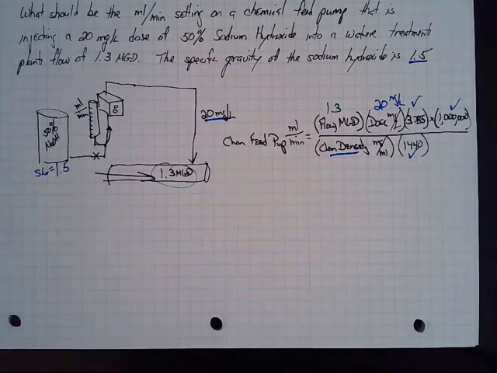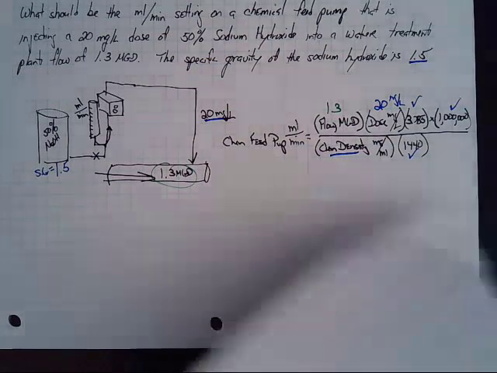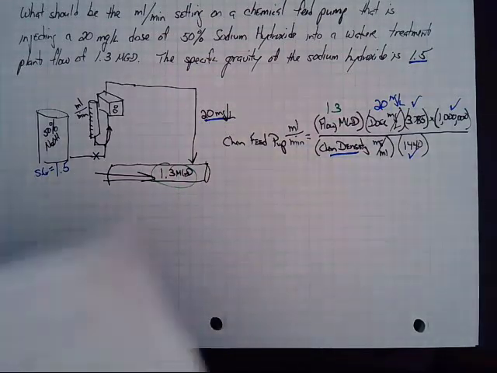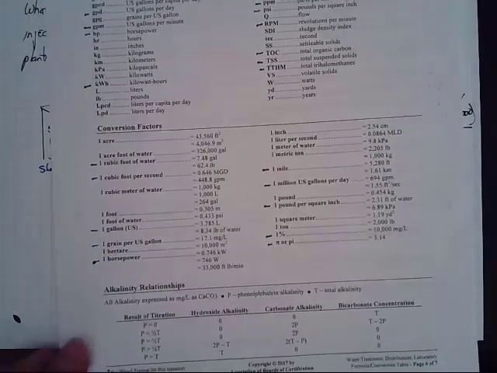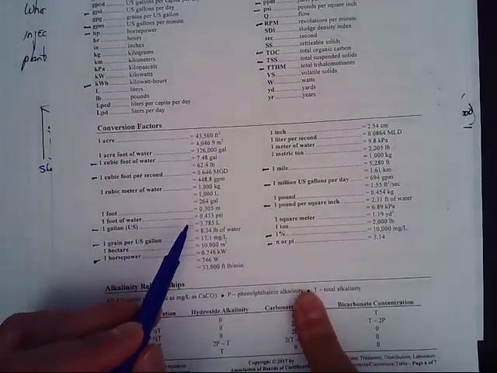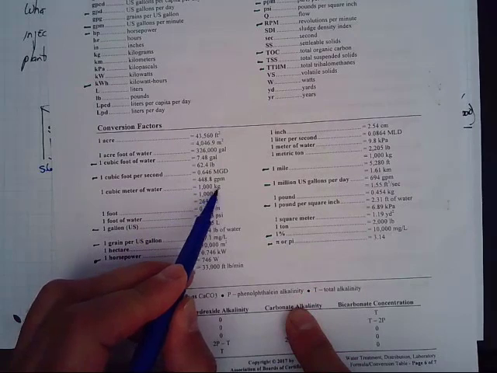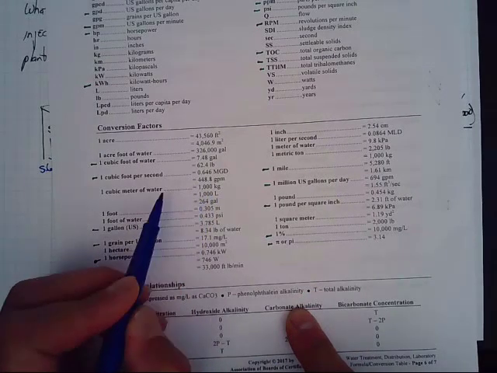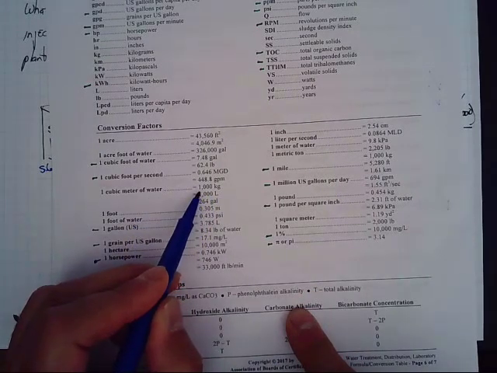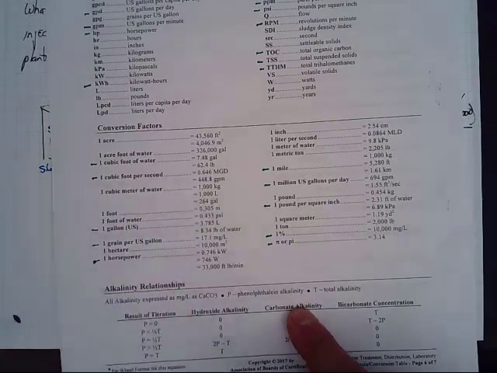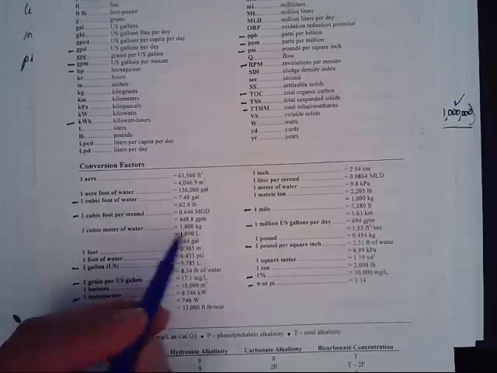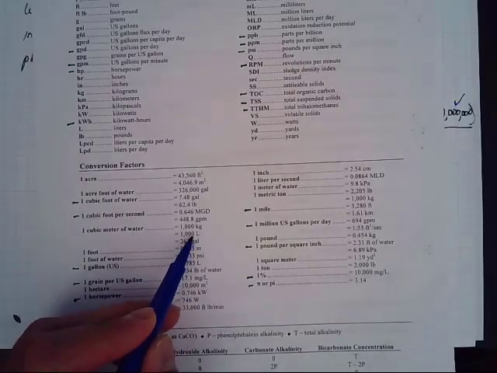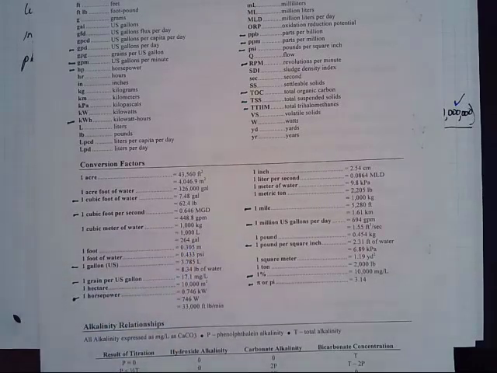And you could look on your conversion sheet. The information is there. It's just not in a nice, easy format. But it does tell us that 1,000 liters of water weighs 1,000 kilograms. And you can do multiple conversions of units so that you can get that into milligrams per milliliter.